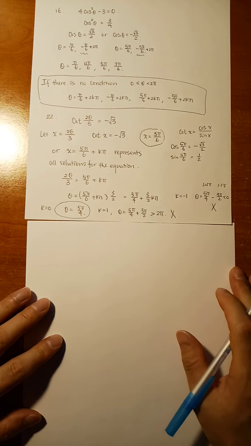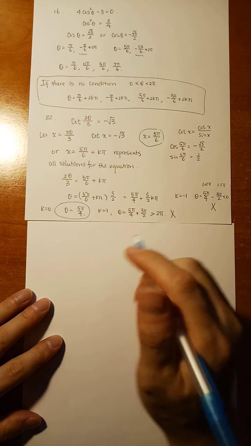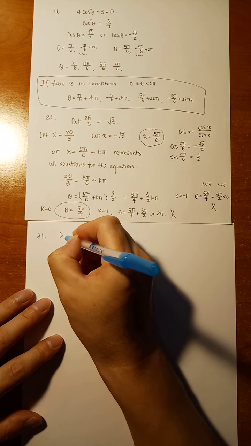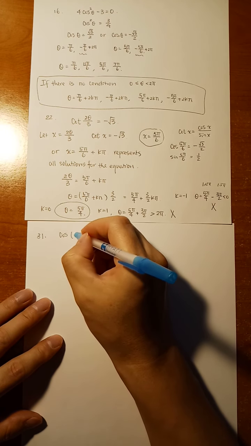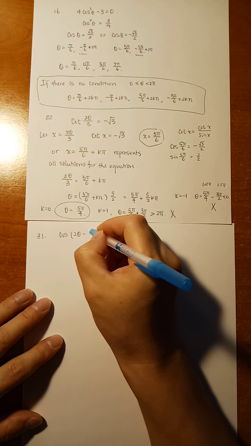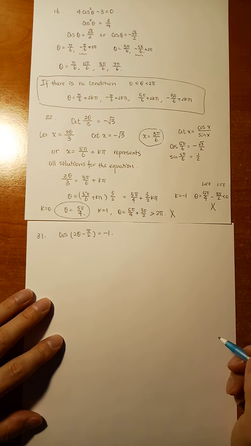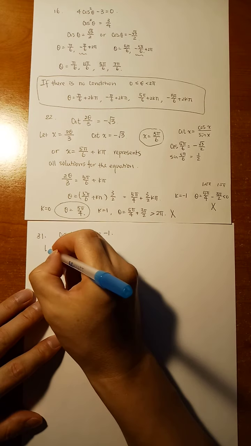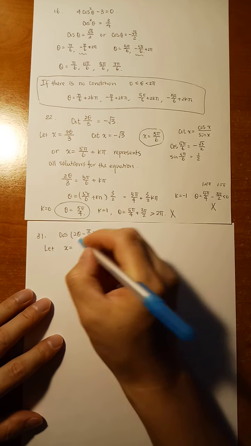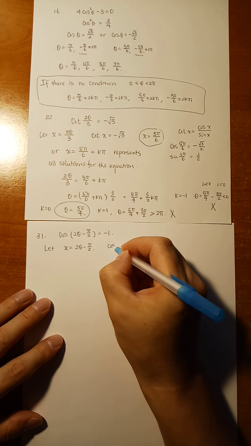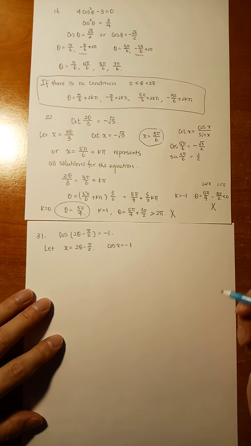Okay, let's see another one. 31. Cosine of 2 theta minus pi over 2 is equal to -1. Okay, so let x be 2 theta minus pi over 2. Then you solve cosine x is equal to -1.